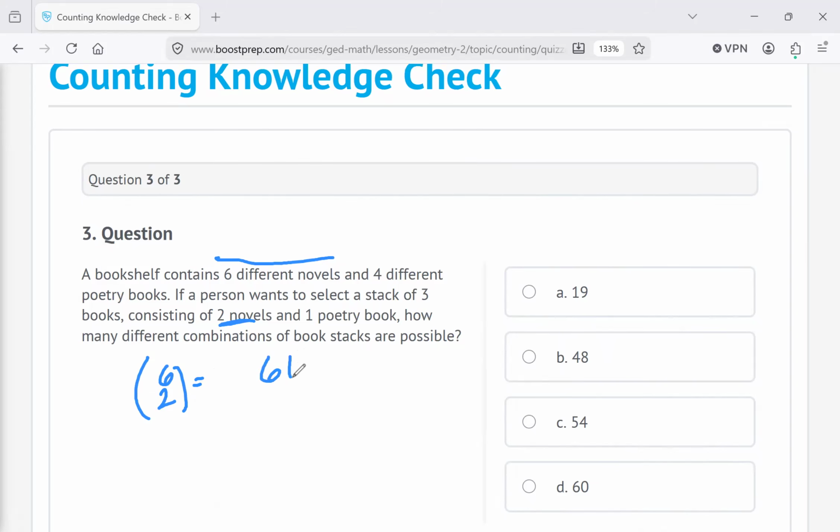So it's going to be 6 factorial over 2 factorial times 6 minus 2 factorial. So it's going to be 6 factorial and then 2 factorial. 6 minus 2 is 4, 4 factorial.